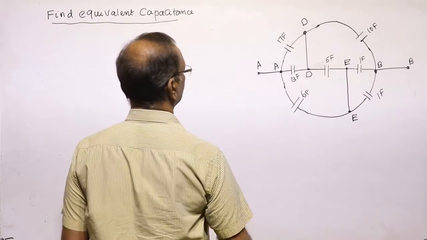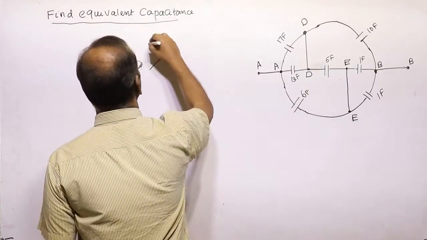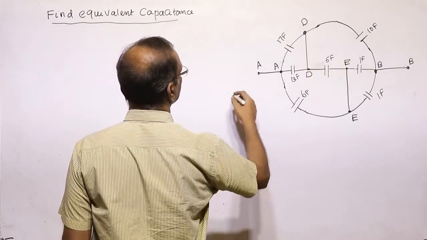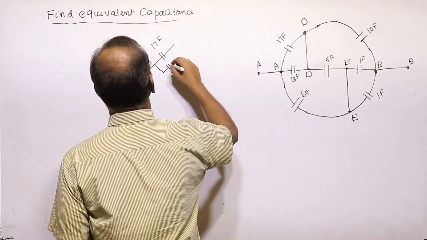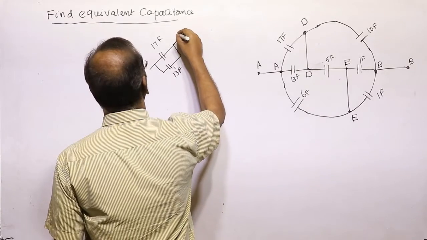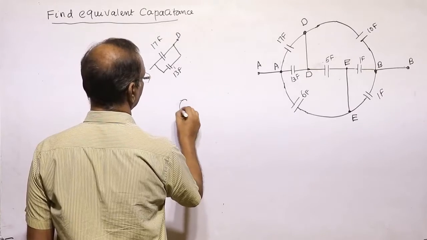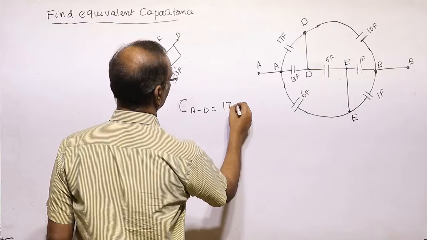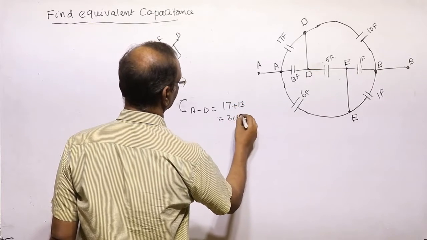First let us see from A to D. A to D is 17 farad, and this is also A to D, and these both are in parallel. This is 13 farad between A to D. Since both are in parallel, we will add up: 17 plus 13 is equal to 30 farad.